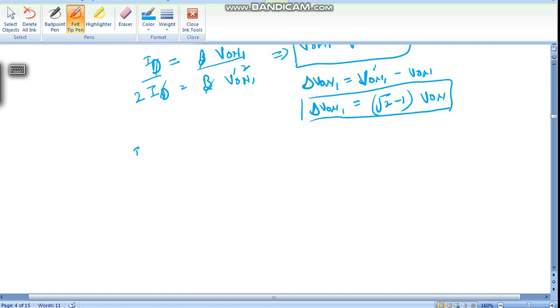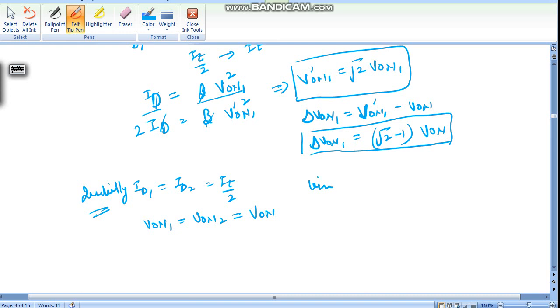Now initially we are considering ID1 equals ID2 equals IT by 2. So it means V on 1 equals V on 2, both are equal. Say this is V on, initially we are having.